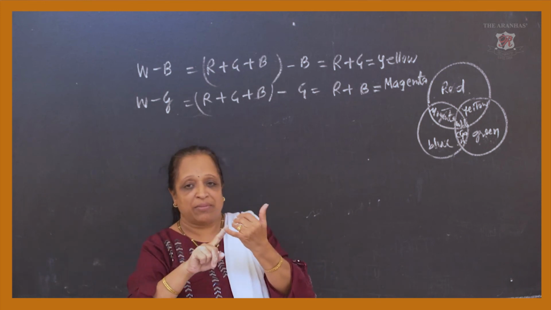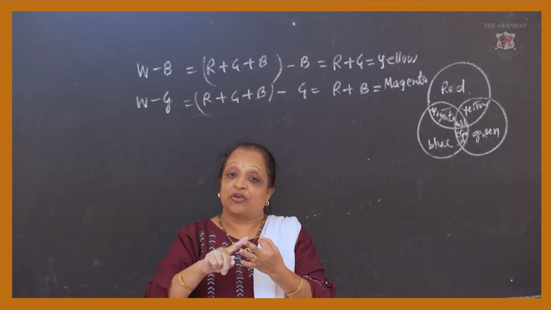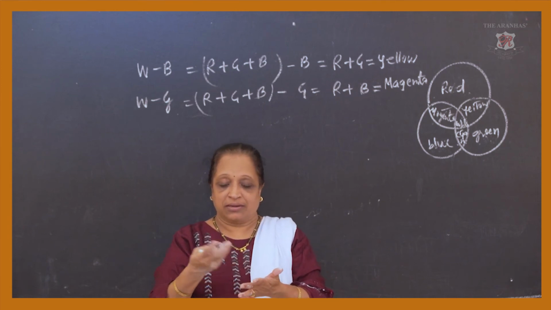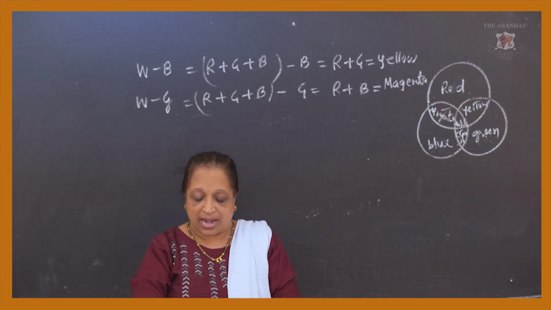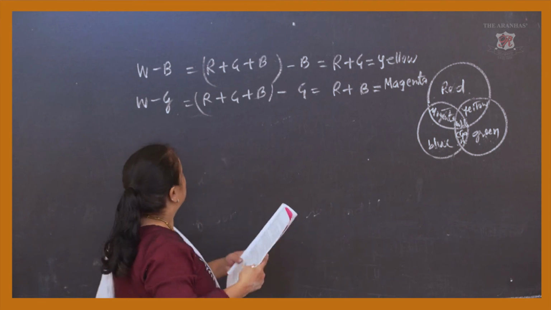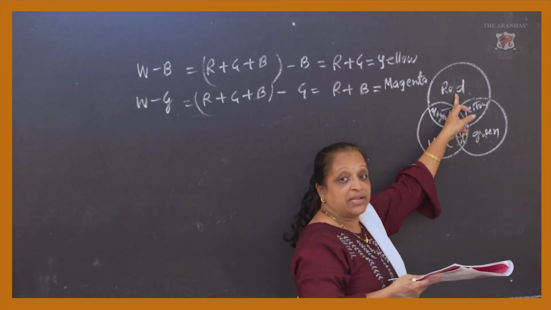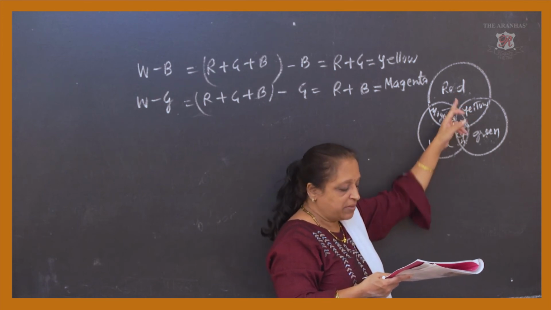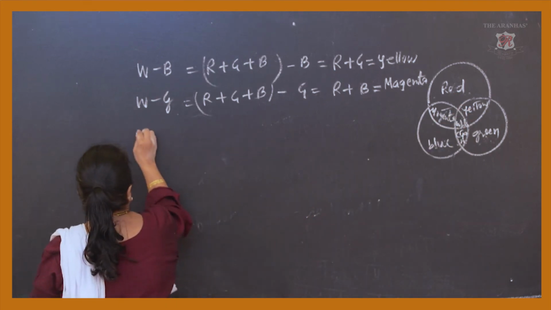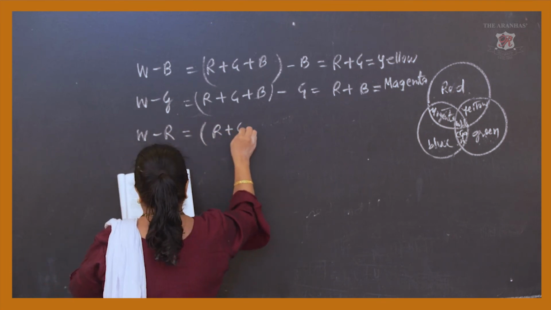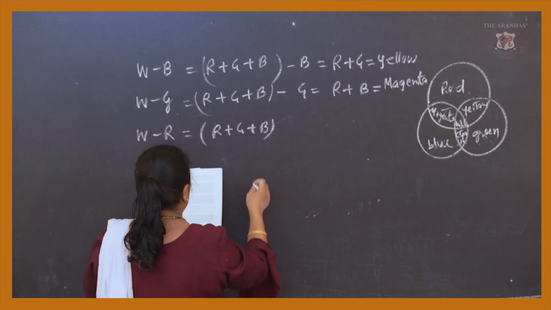Right from the primary color, secondary color, color of the object, addition and subtraction of color, reflected color, absorbed color, and what effect we get out of it. Now see, blue and green are done. That means next will be white minus red. White minus red is equal to red plus green plus blue.